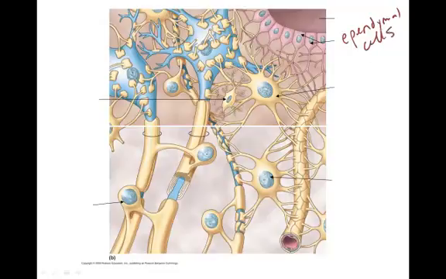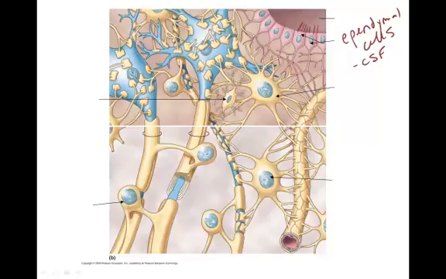Again, these cells create the cerebrospinal fluid. They monitor the cerebrospinal fluid, and they help circulate it with the cilia associated with them. Let's just draw some cilia on these cells. And as these cilia beat, they're going to help circulate that cerebrospinal fluid.